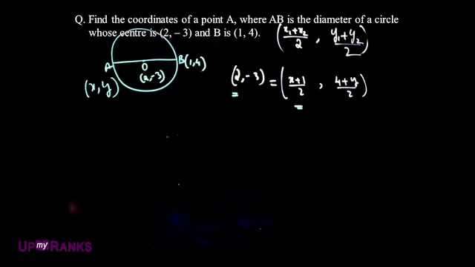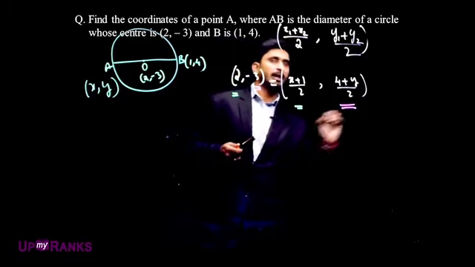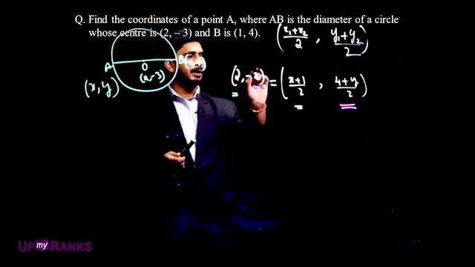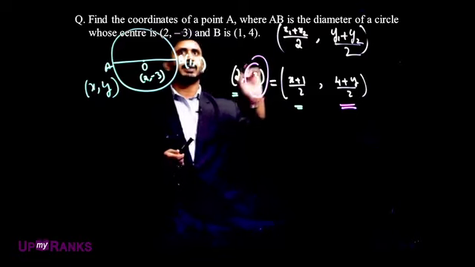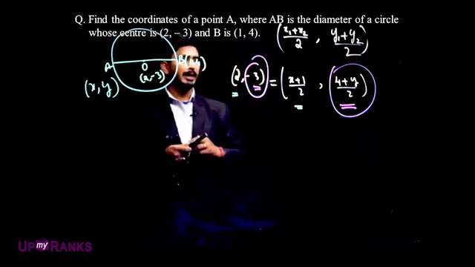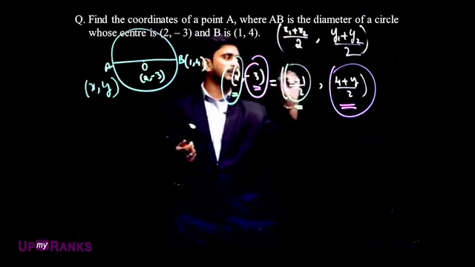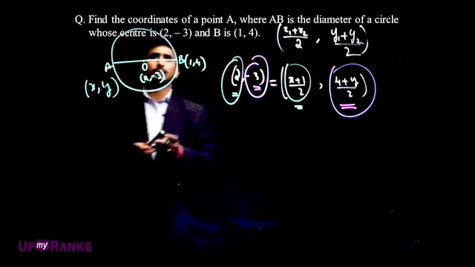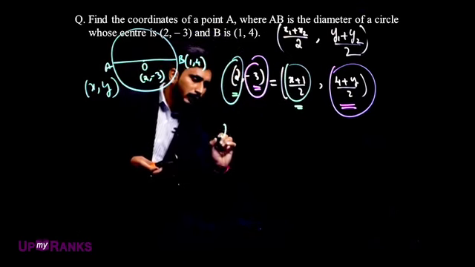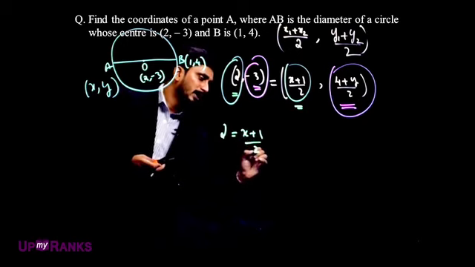Let me circle it. I'll consider minus 3 is equal to 4 plus y by 2. Then I will consider 2 is equal to x plus 1 by 2.